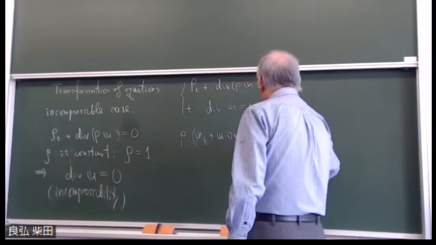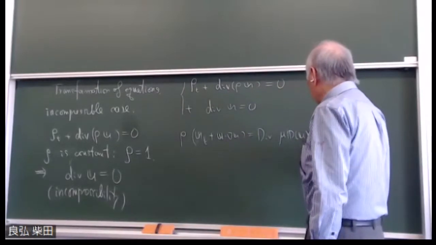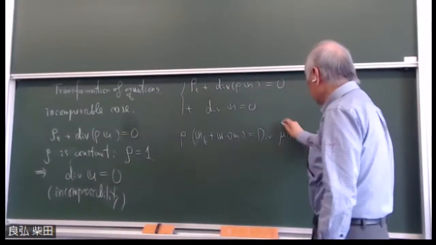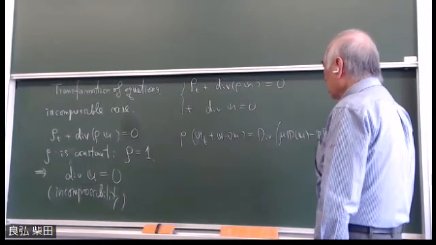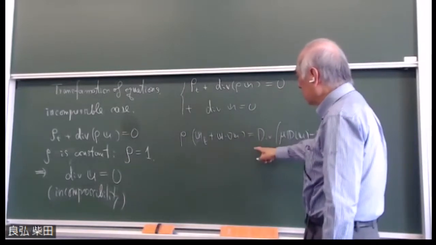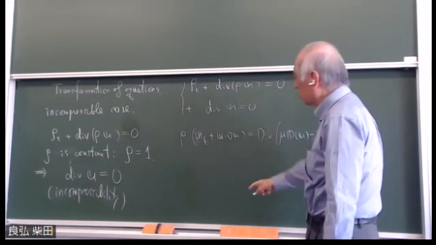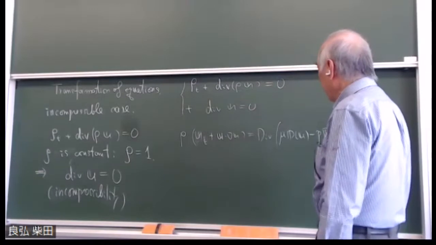So now I consider only the Newton law, Newton flow. Therefore, here is Pi. And then the unknowns are a little bit more than the number of equations.